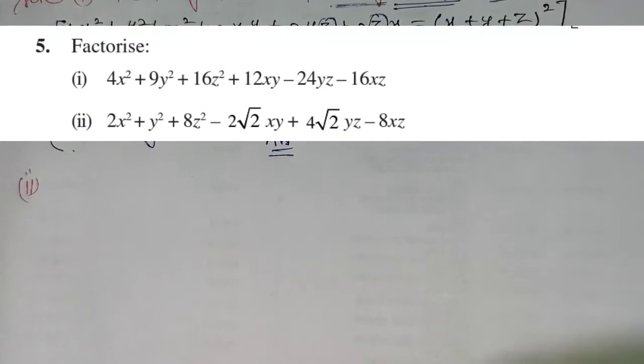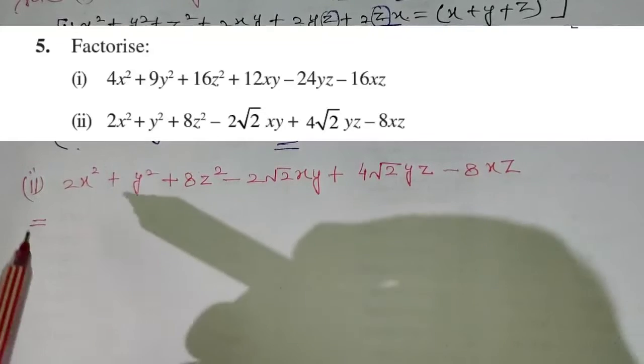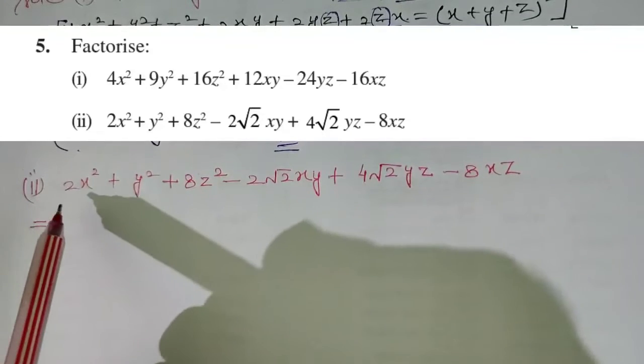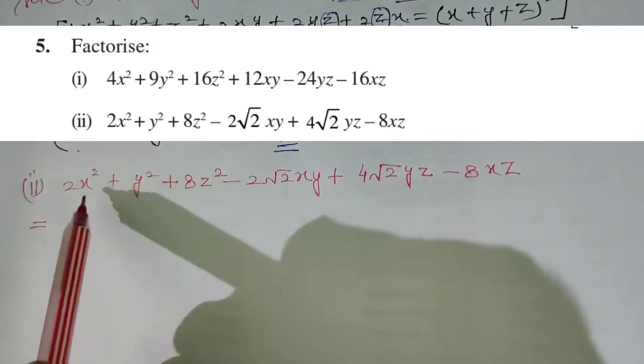Similarly, question number 5 part 2 we will solve in the same way. We will analyze the question. We will again try to write it as the square of some number.